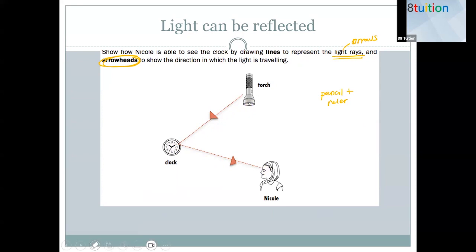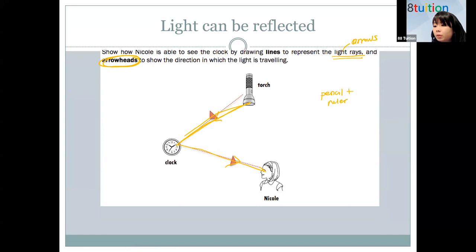So sorry, the arrows and the lines are not too well done. I want it to touch the light source. So it should be something like that. Make sure it's coming out from the light source, okay? And then it must touch the person's eye. Do not draw dotted lines. The lines need to be full lines, no dotted lines.